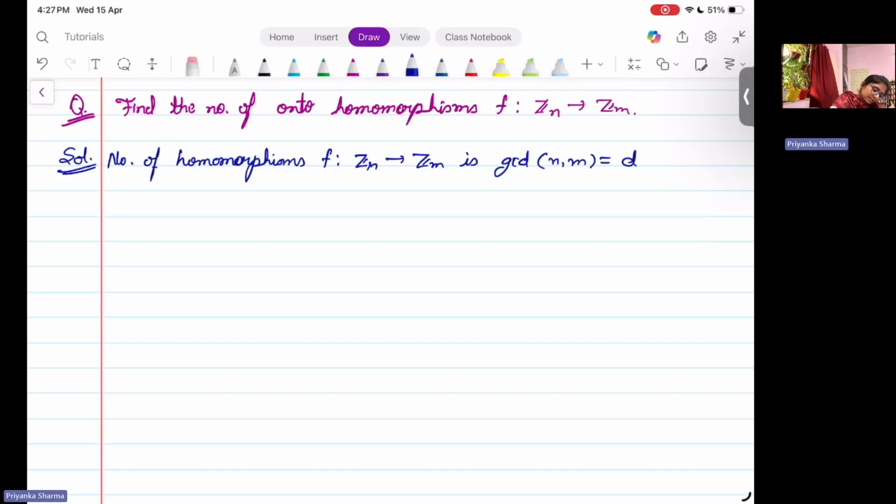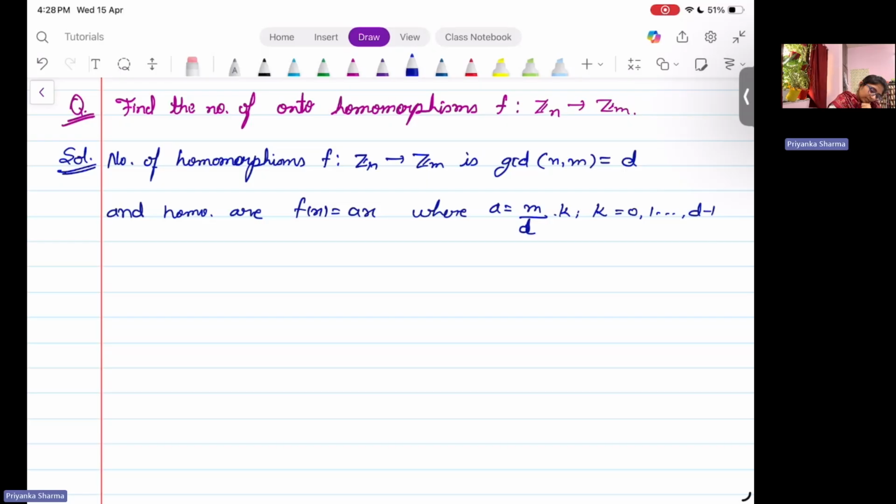Say this is d, and homomorphisms are f of x is ax, where a is m by d into k, k is 0, 1 up to d minus 1. And this is for all x belongs to Zn.